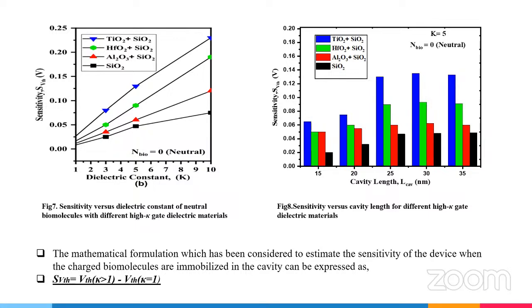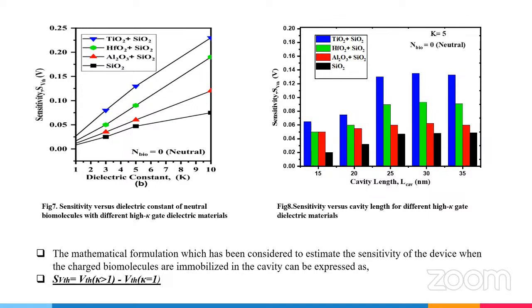The sensitivity parameter gives us that. The sensitivity parameter is defined by the threshold voltage having a dielectric constant of a biomolecule greater than 1. For the biomolecules that we conjugated here, we have taken the dielectric constant as its characteristic property.